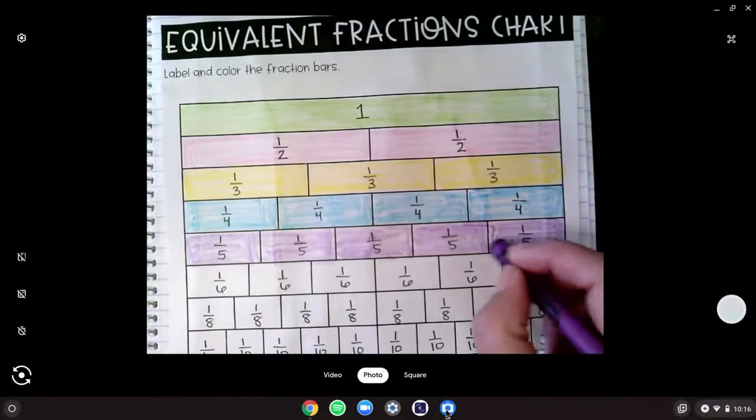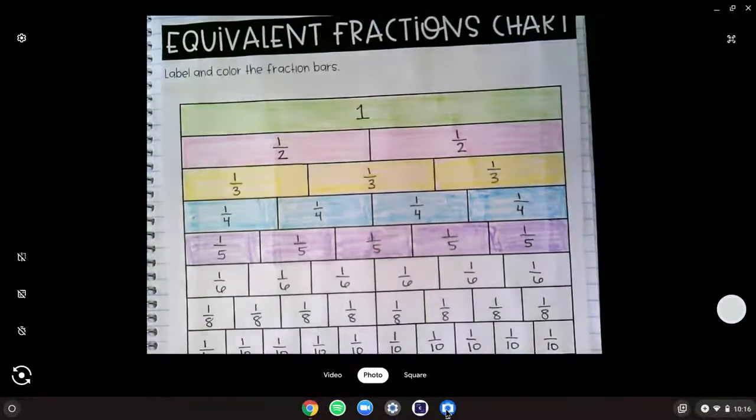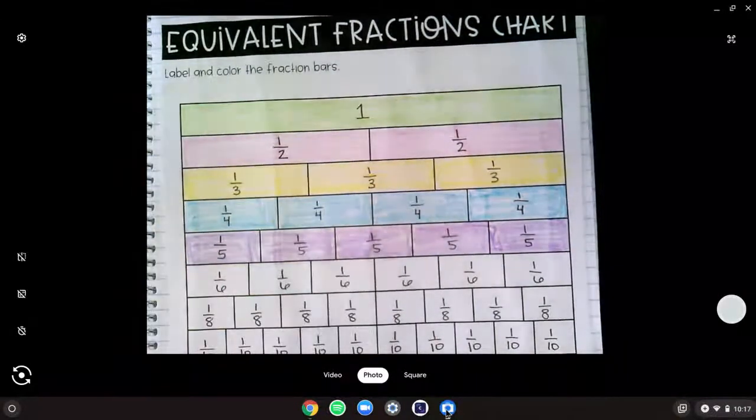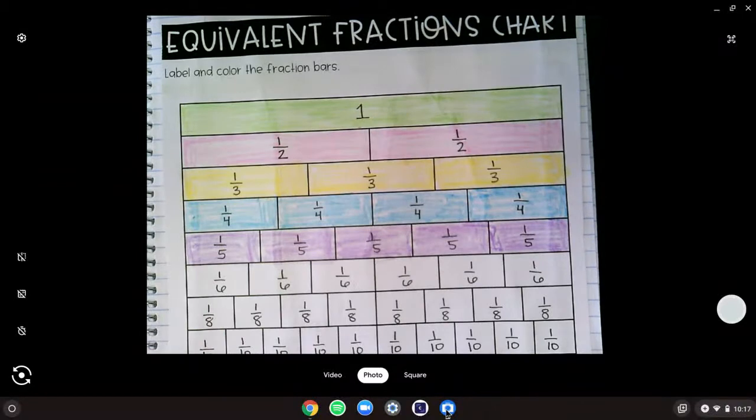What else do you notice? What's getting smaller? The little square. The piece itself is getting smaller. Is it getting chopped in half each time? No, except for 1/2. It's getting chopped into halves, thirds, fourths, fifths. You got it. All right, purple crayon away.